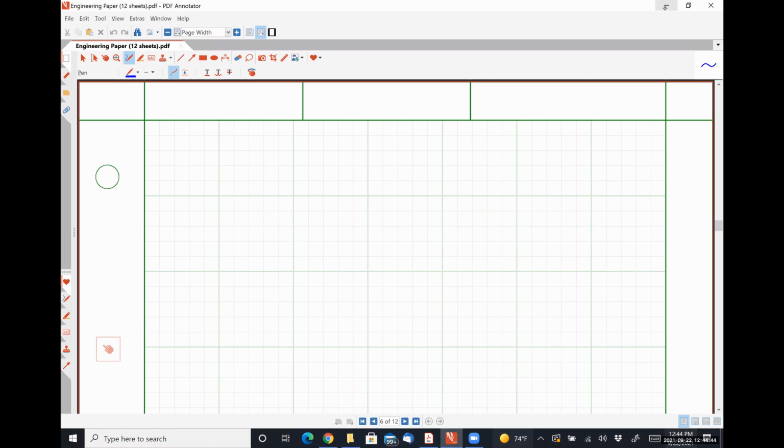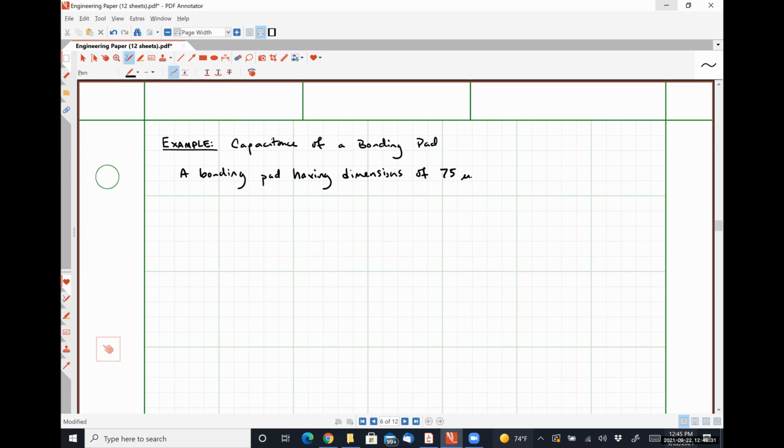So let's say that we have a bonding pad having dimensions of 75 micron by 75 micron, so ever so slightly larger than the smallest bond pad we could ever legally form in a SCMOS process.